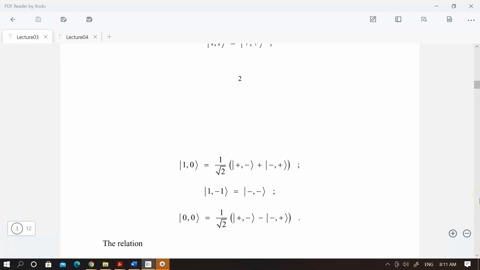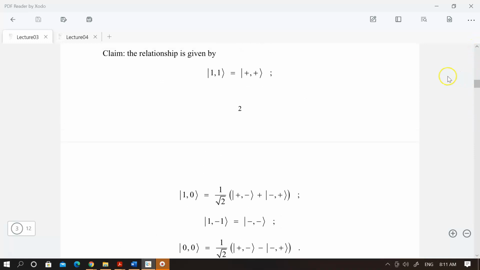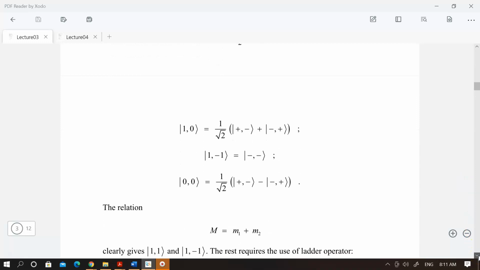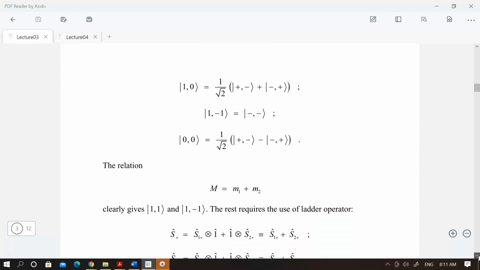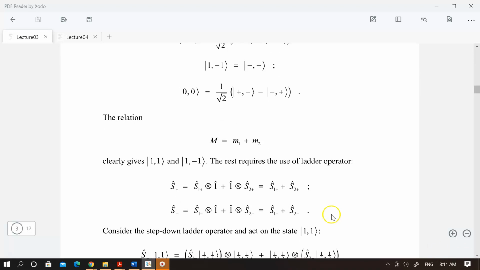So we have seen how to do this. This is the claim that we had earlier. One can identify the topmost state, spin up spin up, corresponding to spin 1 with Z component 1. And then for the rest, one could use the ladder operators.